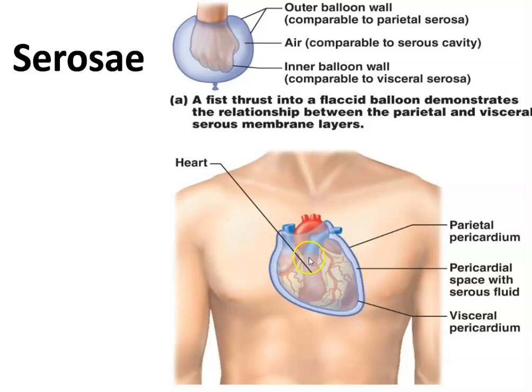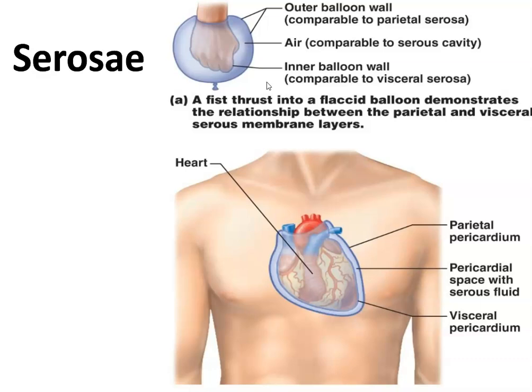At the top of this image, you see a hand punched into a balloon. This is a common representation of the two layers of a serous membrane. If you can imagine punching your hand into a balloon, the part of the balloon that is directly touching your hand represents the visceral layer of the serous membrane. Whenever you hear the word visceral, you should think organ.